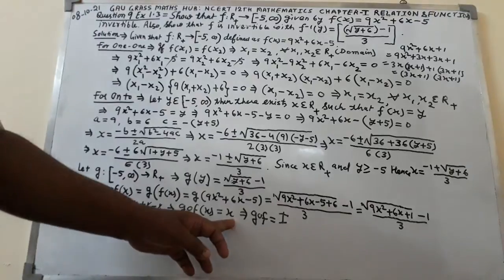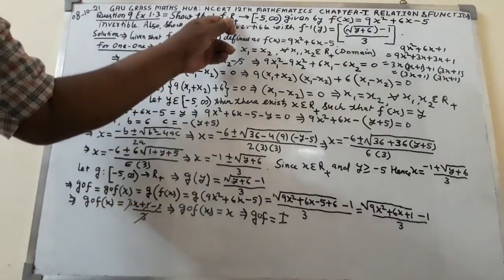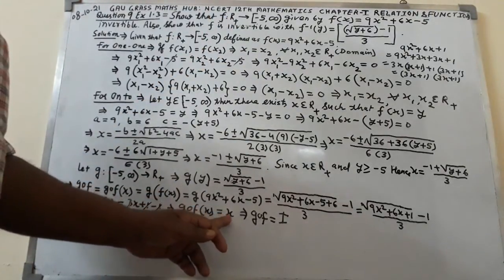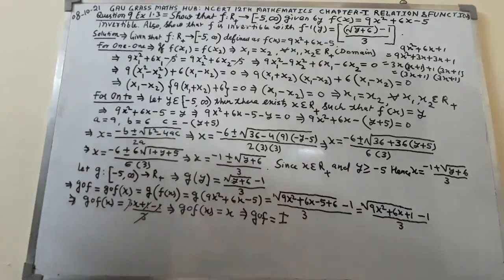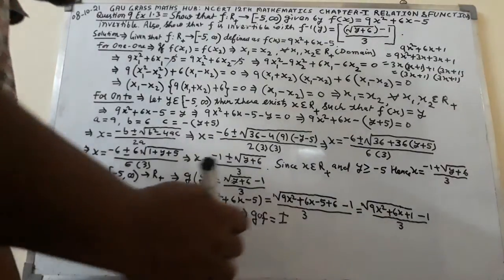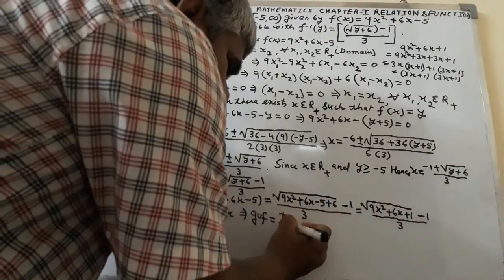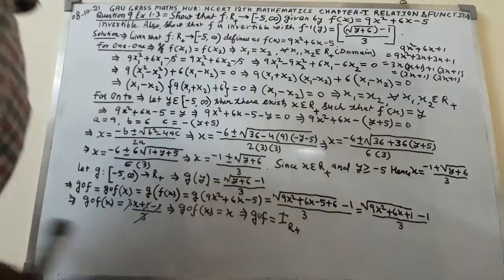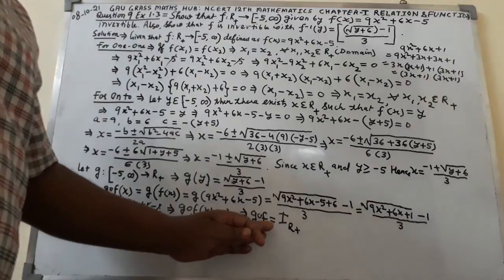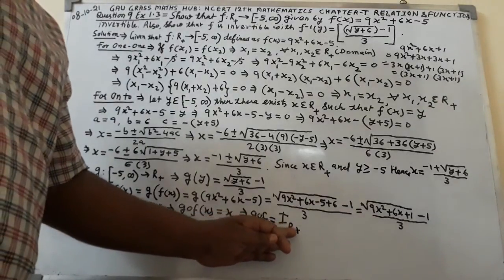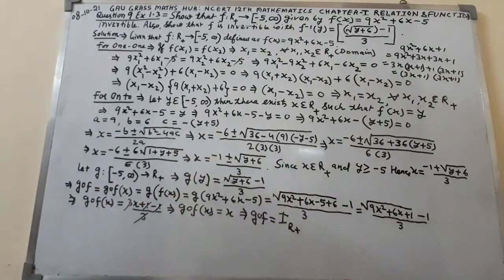X belongs to the domain, the set of positive real numbers. That's why GOF equal to identity function on the set of positive real numbers. This one you have got.